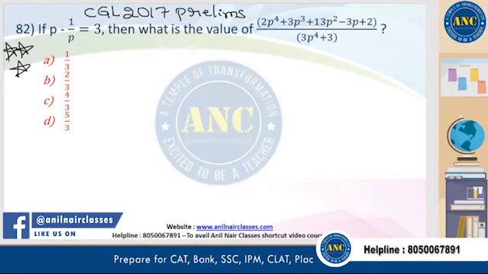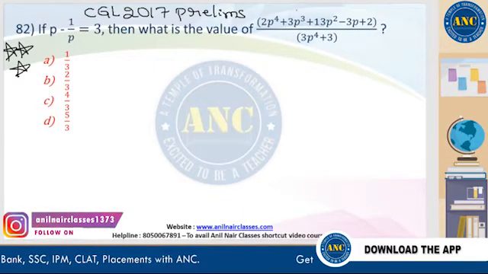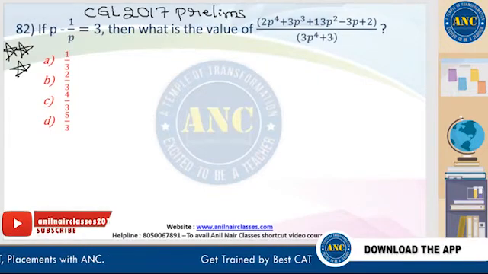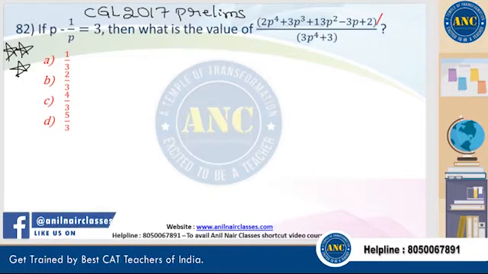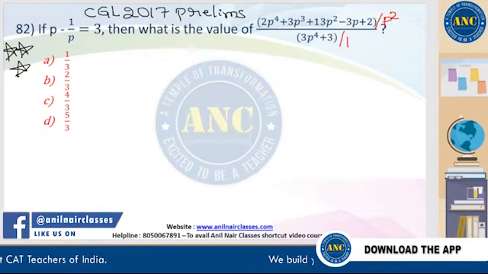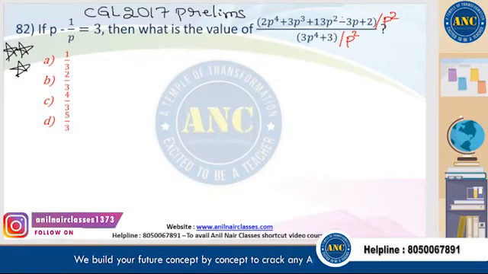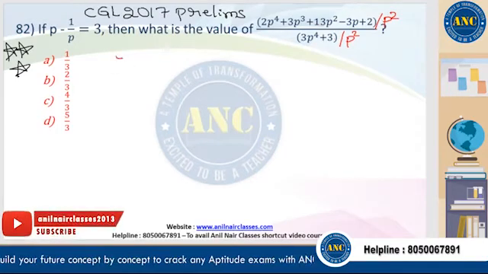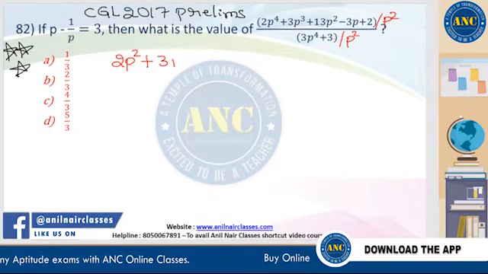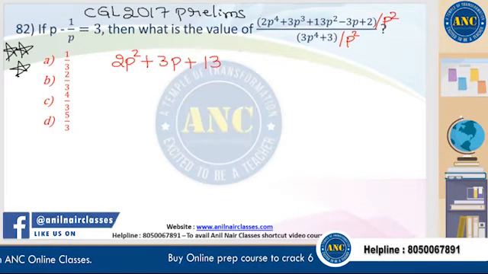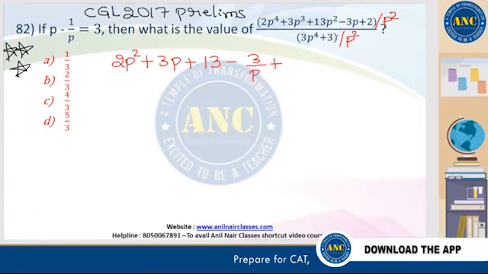Now see here, sir, I already gave you how to solve this kind of question. The idea is already given to you. Very simple. The highest power is p power 4, the lowest power is p power 0, the median is p power 2. That means the numerator I will divide by p square, the denominator also I will divide by p square. 2p power 4 by p square is 2p square, plus 3p cube by p square is 3p, plus 13p square by p square is 13, minus 3p by p square is 3 by p, plus 2 by p square.